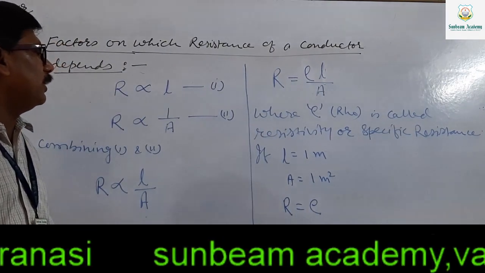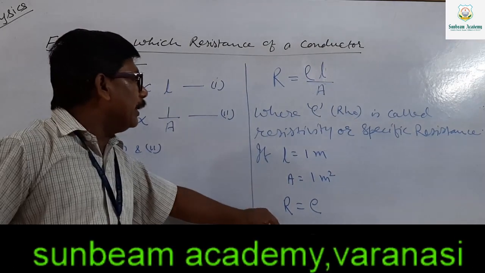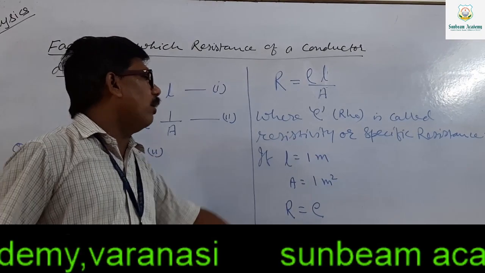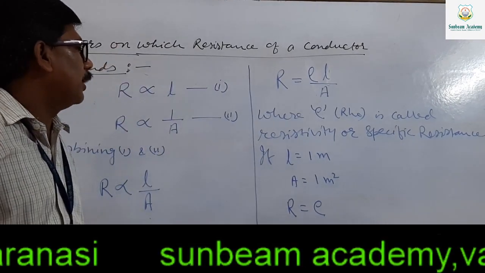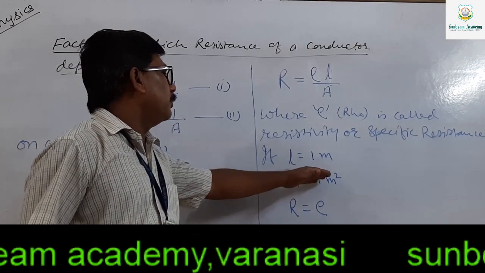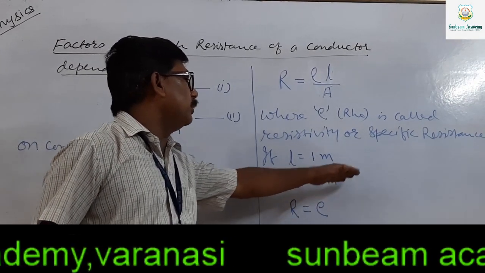Means resistivity is the resistance of the conductor per unit length per unit area.